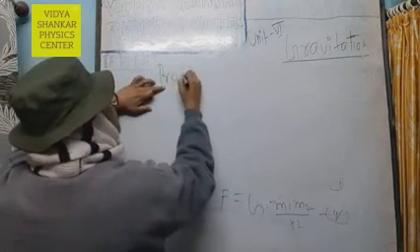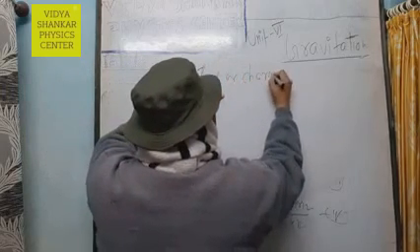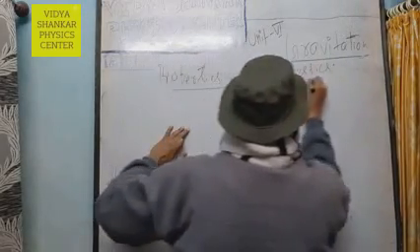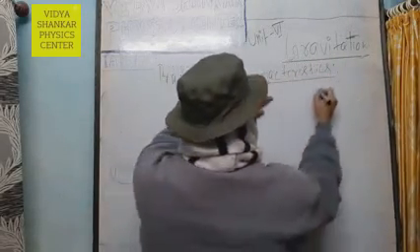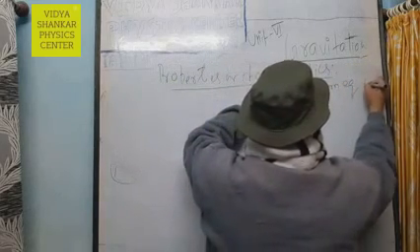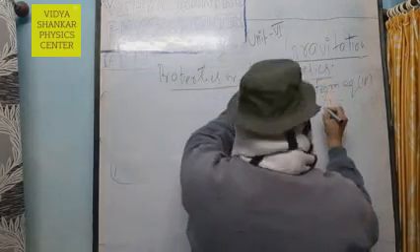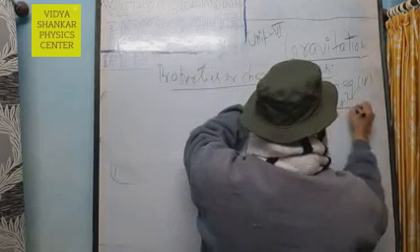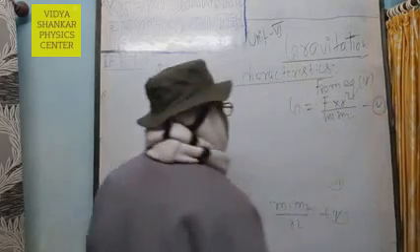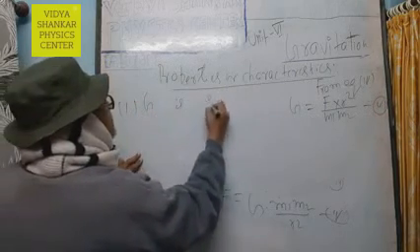From equation 4, capital G equals F into R square divided by M1 M2, equation 6. First, capital G is a scalar.